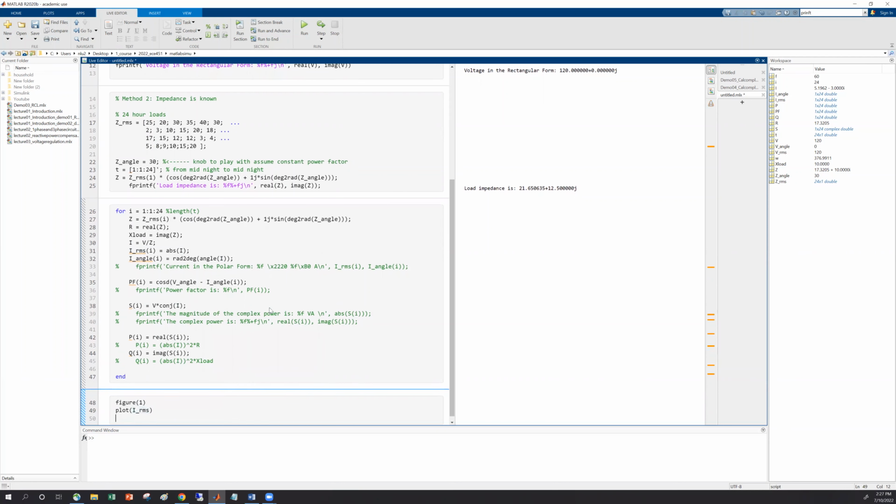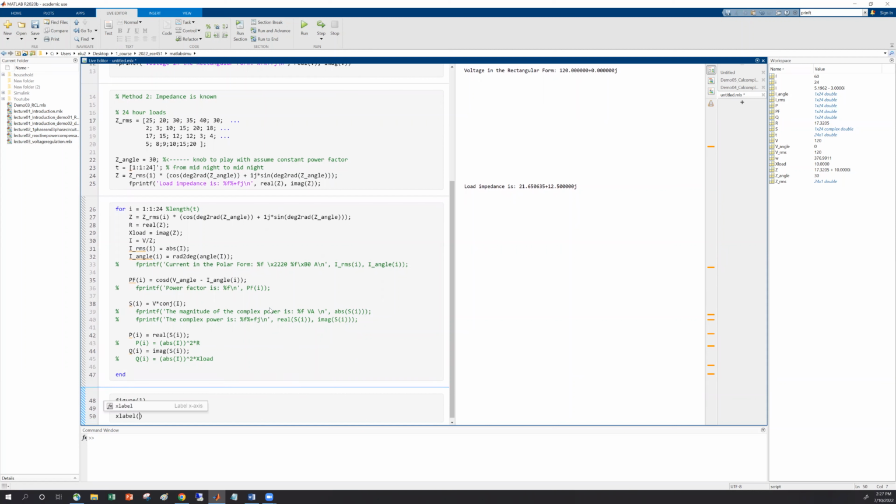So we plot this, and then our X label, say, time of the day, and then our Y label, say, phase B load current, and then it's in amps.